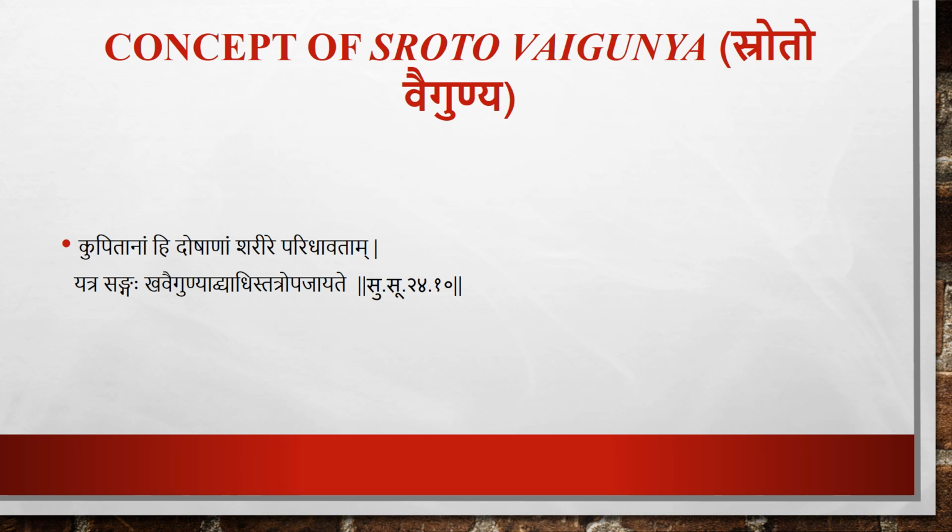Thus, Khavaigunya provides the field and vitiated doshas provide the trigger for disease manifestation. This is the classical Ayurvedic version of the site of least resistance where disease manifests.